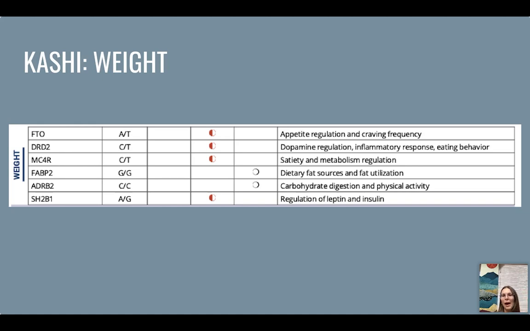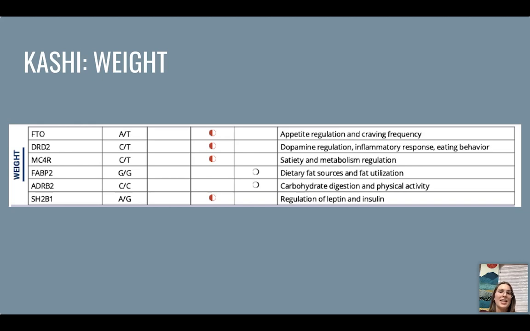And then you have DRD2, which helps to regulate the dopamine response system, which, if negatively impacted, can result in poor eating behavior, alcoholism, and inflammation. The MC4R gene is associated with appetite regulation and metabolism. This can be the person who never feels full, but it's also greatly impacted by lifestyle modifications. The FABP2 gene is responsible for fat absorption in the gut and transportation through the body.